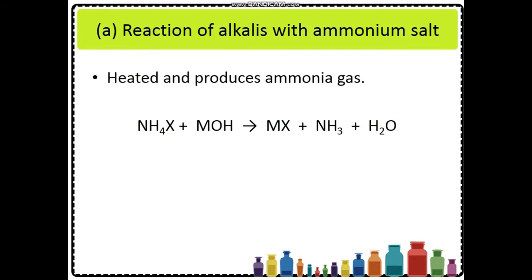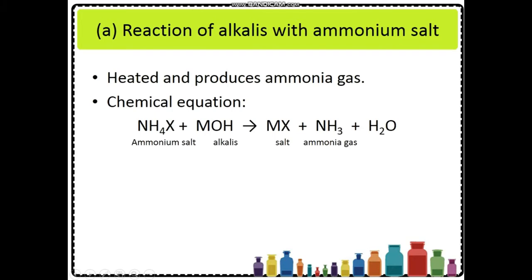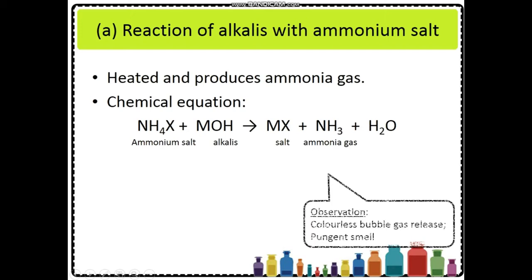After we mix the mixture, we heat it so that the solution will produce ammonia gas. This is the general chemical equation: NH4X plus MOH will produce MX plus NH3 plus H2O, where NH4X is ammonium salt, MOH is alkali, MX is the salt, NH3 is ammonia gas, H2O is the water.